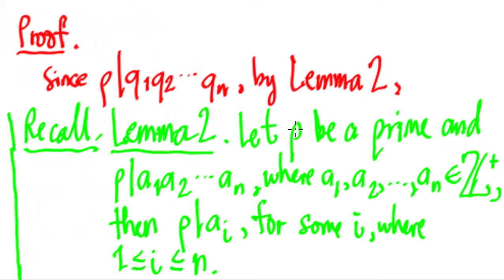The main takeaway here is that we have a P which is a prime, and it divides this product of positive integers.